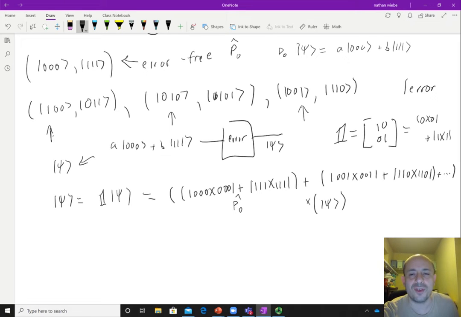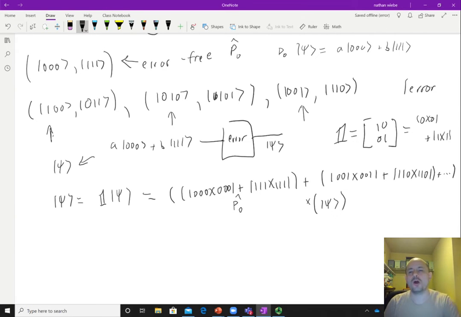So this is an example of an error-free state, and this projector finds the component of the state that we get in the direction of this error-free subspace, or the projection of this state onto the error-free subspace.